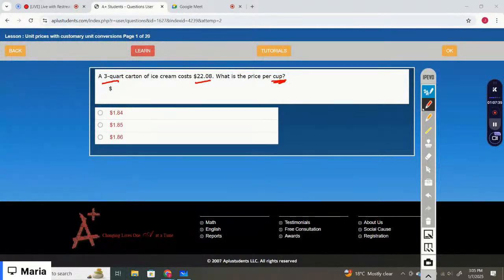So the first thing is you have to convert from quarts to cups. 1 quart equals 4 cups. You can note down these basic units. You are given 3 quarts here, so 3 times 4 equals 12 cups, right?